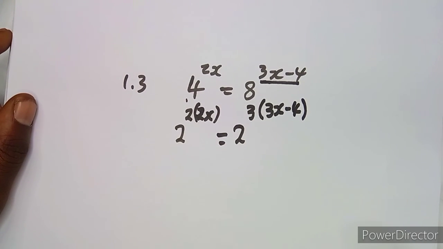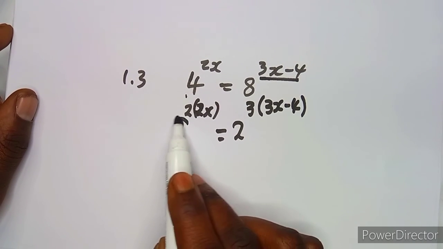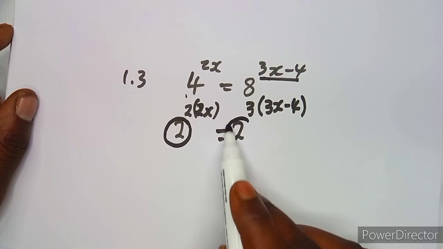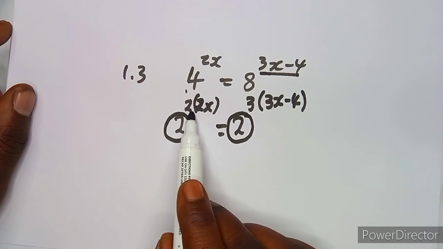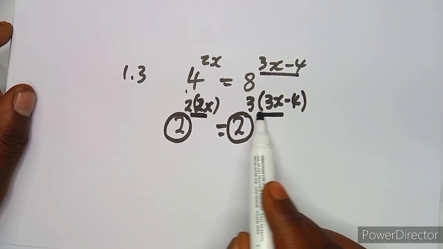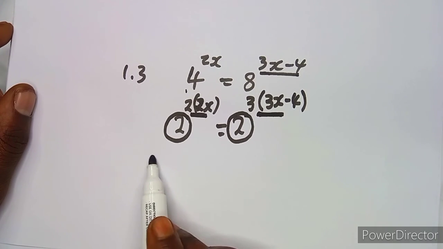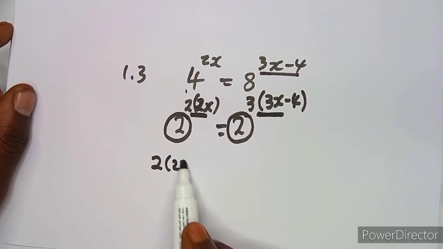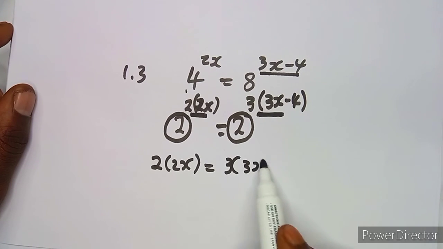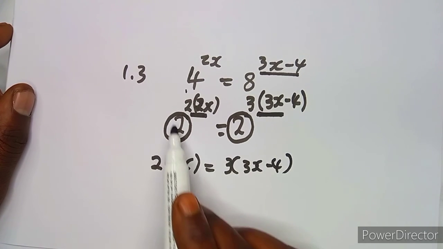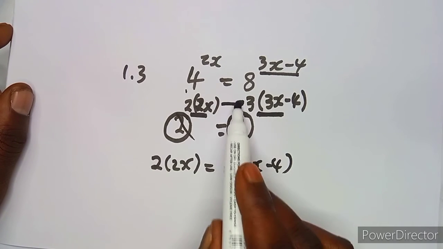So why are we writing in terms of the base of 2? Because once these bases are the same, it means the exponents are also equal. So therefore 2 into 2x is equal to 3 into 3x minus 4, because the bases are the same. These two are now equal.